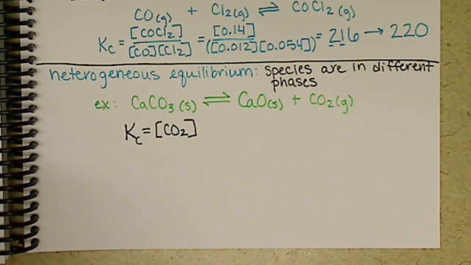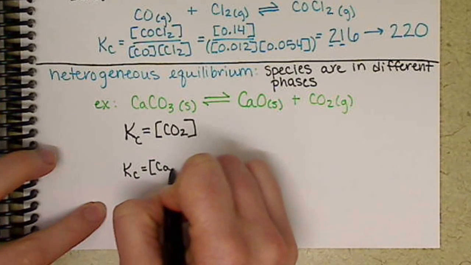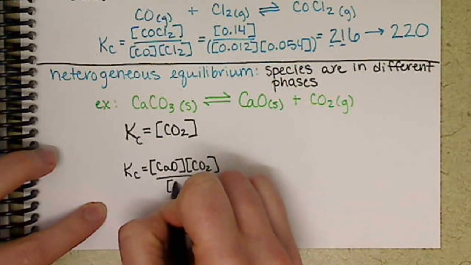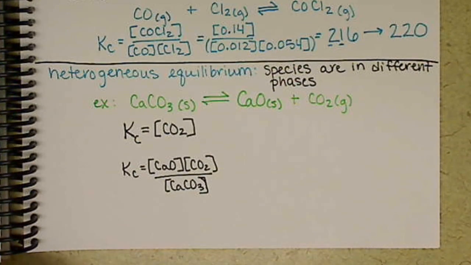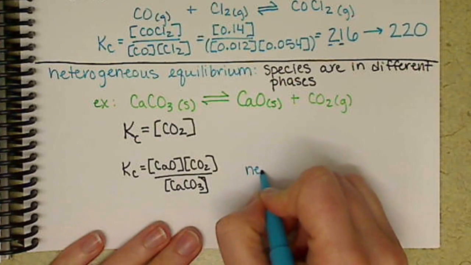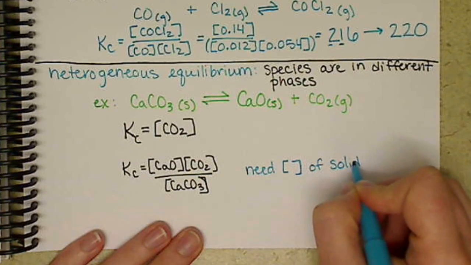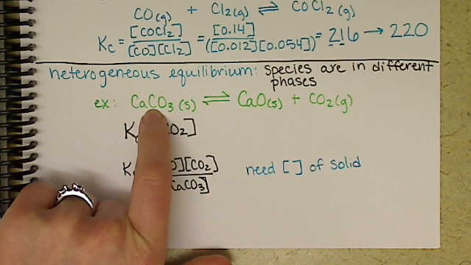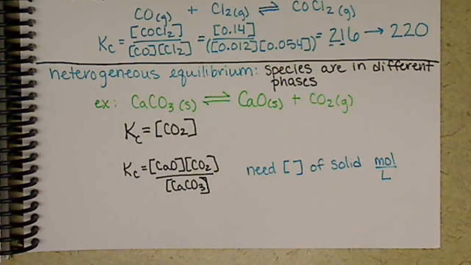Now, if we were to write our equilibrium constant expression this way, we would need the concentration of a solid. Okay, we would need concentrations of this solid, and we would need concentrations of this solid, right? So we need moles per liter.